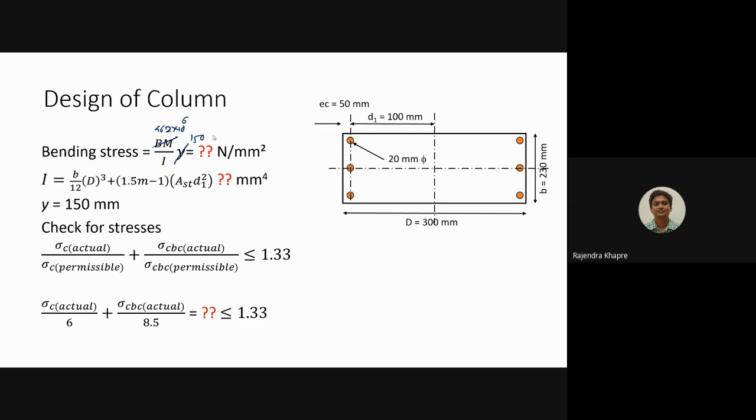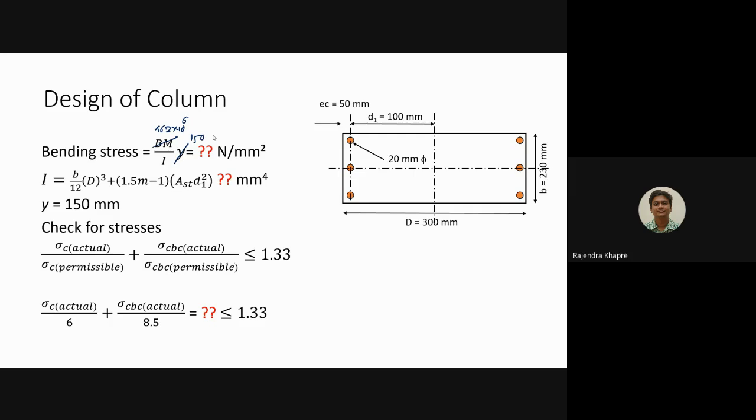Here the I value will be bd cube by 12. This is the moment of inertia of the concrete. But when it comes to the moment of inertia of the steel, it is nothing but Ast into d1 square, that is area into distance square. So d1 is your 100, because you have an effective cover of 50 mm, and the distance of the one edge to the neutral axis is 150 mm.